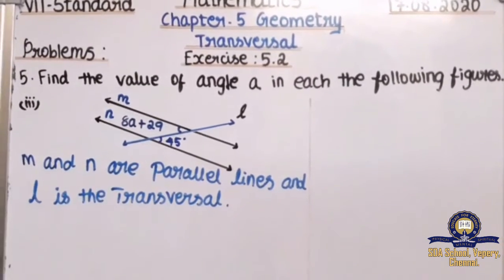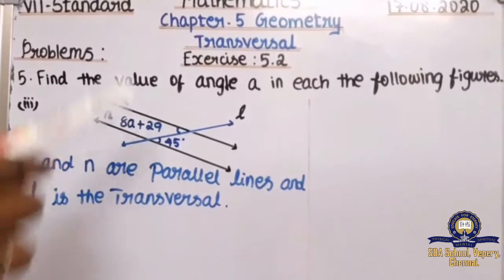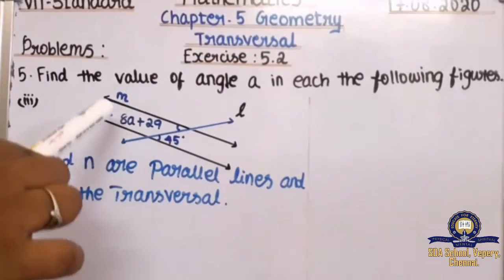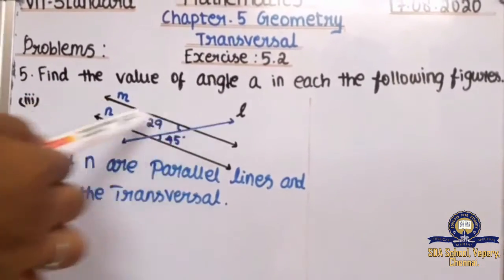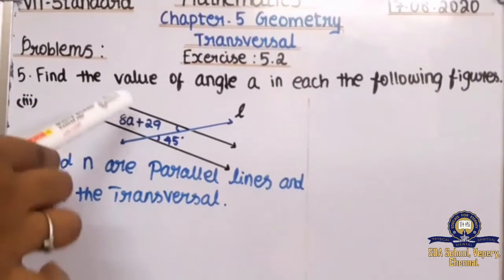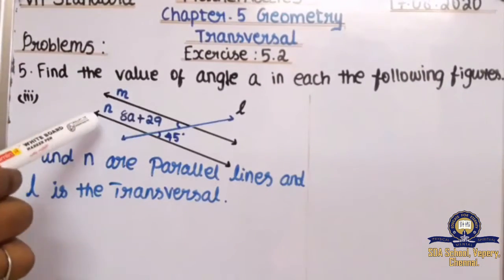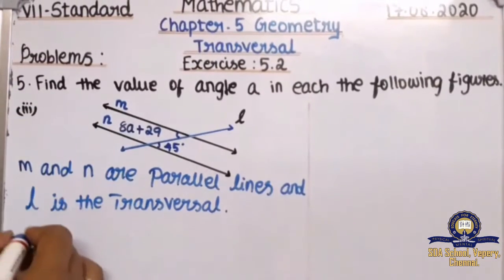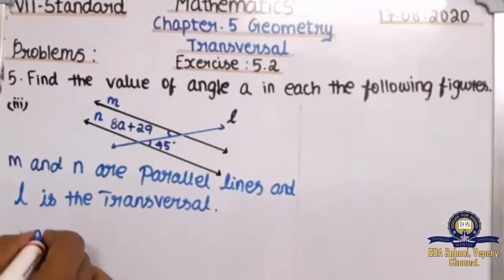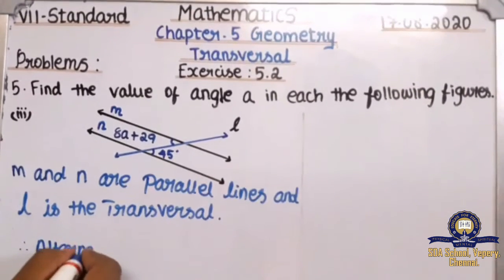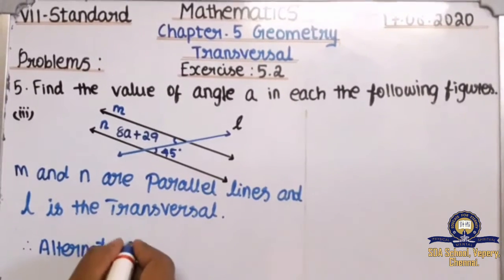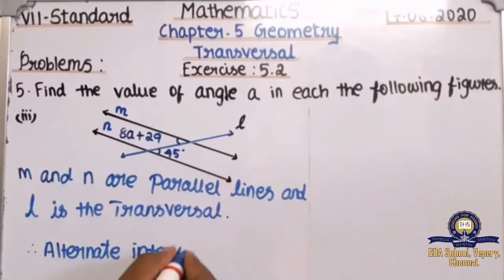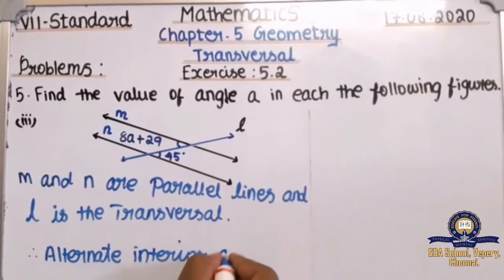Now here, how do the angles look? The pair of angles are marked on the opposite sides of the transversal and lying between the lines M and N. Therefore, it is known as alternate interior angles.